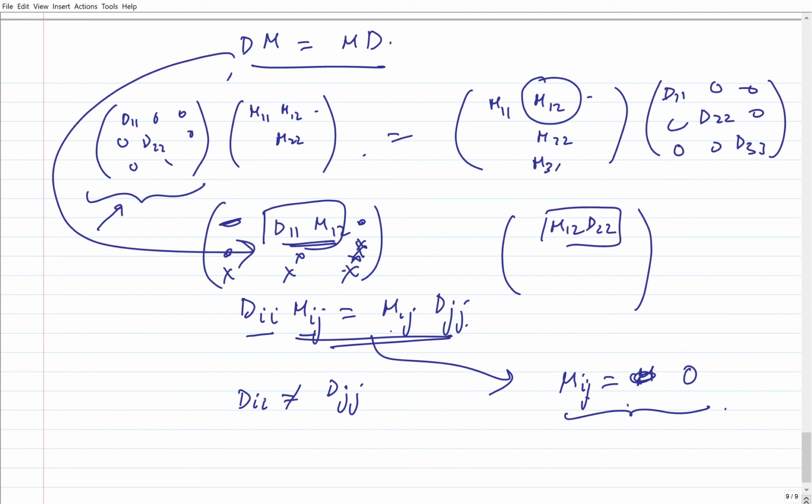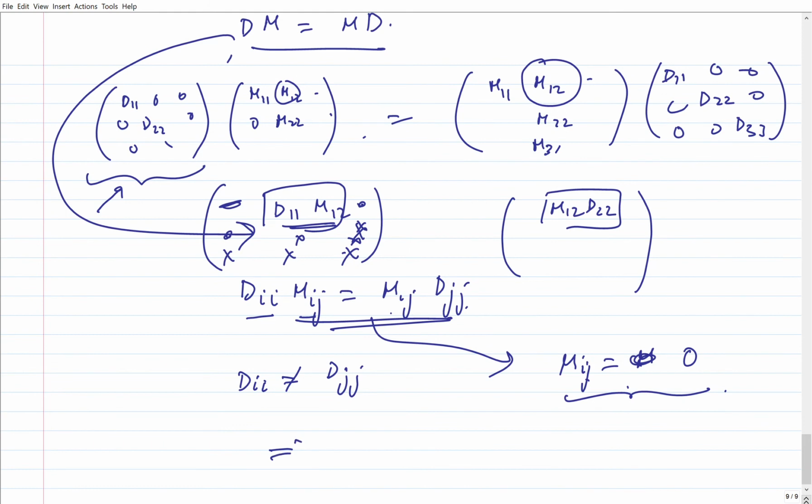That means all the off-diagonal elements of this matrix are also 0. So m_ij equals 0 for all i not equal to j. Hence, that's also a diagonal matrix. So the same unitary transformation was diagonalizing this M as well.